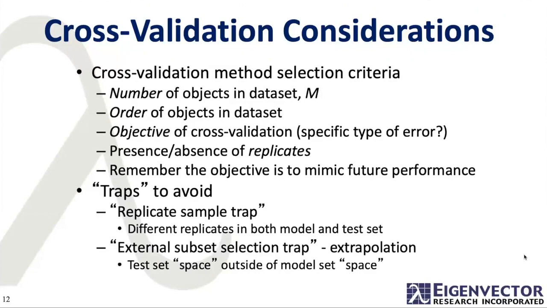Another trap to avoid is the external subset selection trap, and that is extrapolation. This is when your test set space is outside of your model set space. Especially if you've done an experimental design, you may have corner points in your design that are really extrapolations from the rest of the data.